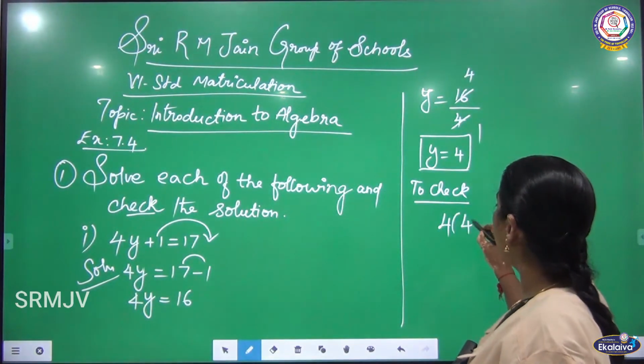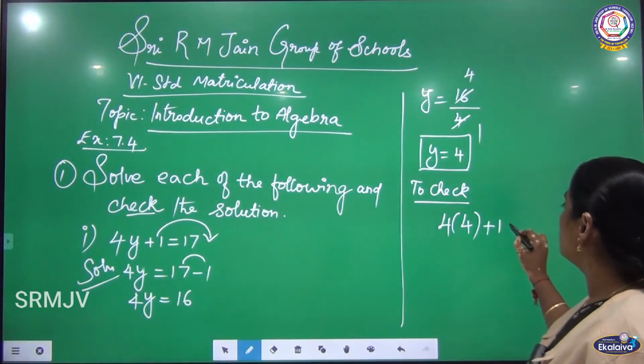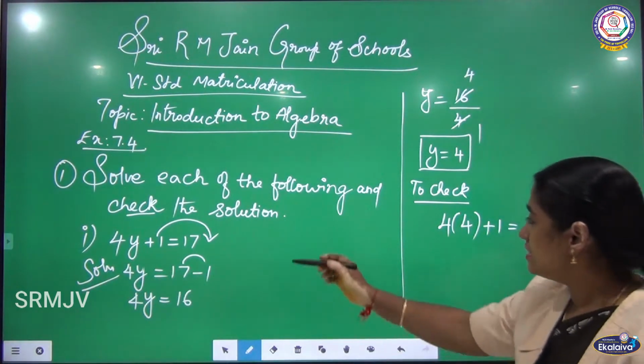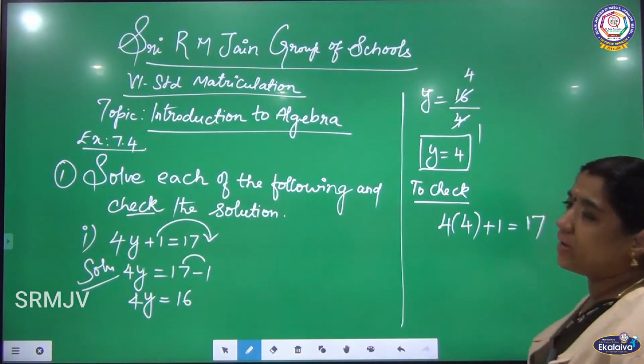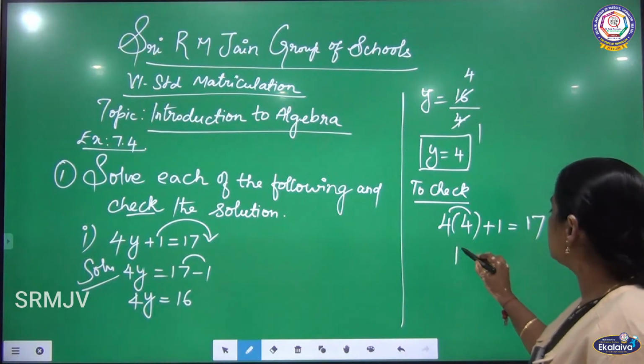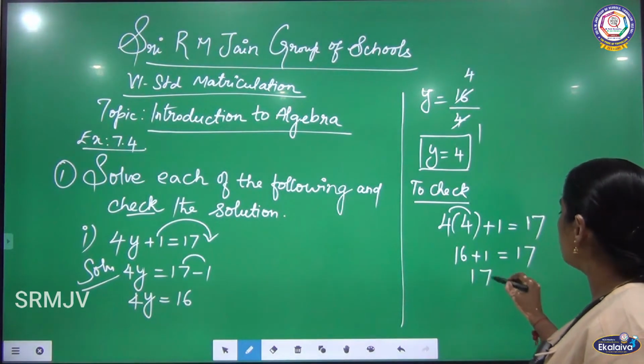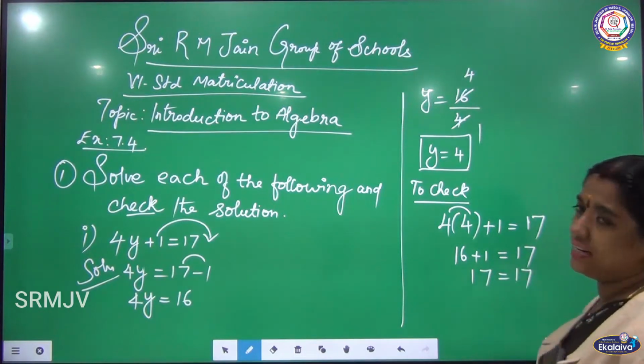So 4 into 4 plus 1 is equal to what? 17. See, this is your equation. Now listen, 4 fours are 16. 16 plus 1 is what? 17. So 17 is equal to 17.